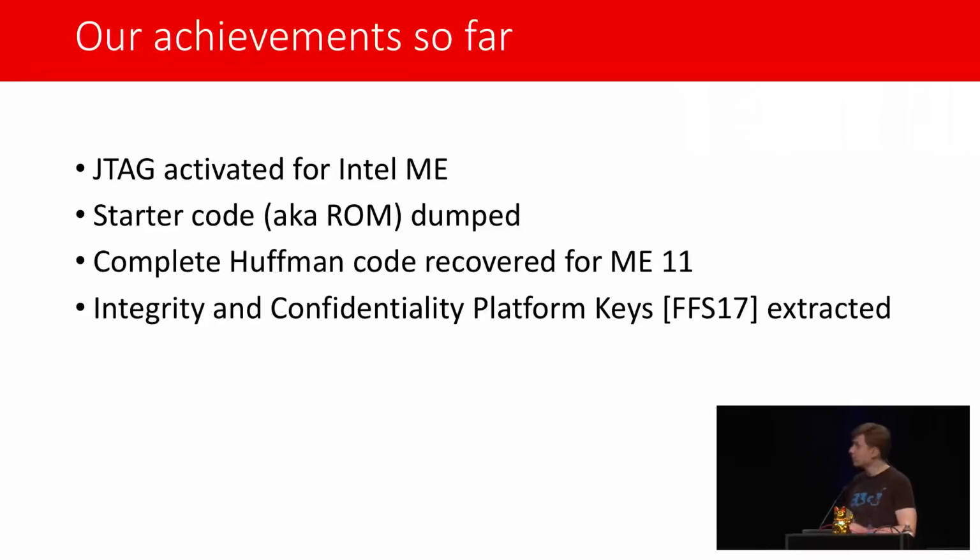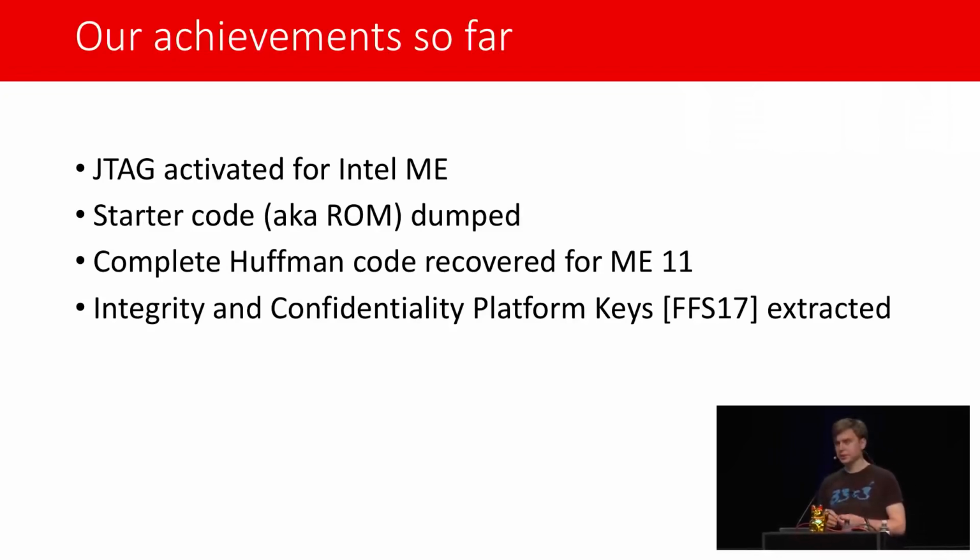And our achievement: JTAG activation. We did JTAG activation with respect to the vulnerability. In addition, we activated JTAG for ME. Also, we dumped the ME boot ROM code and found the way to extract the platform's key used by their flash file system.